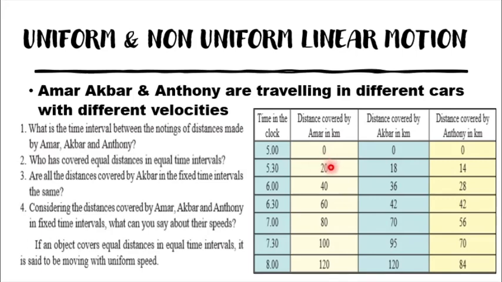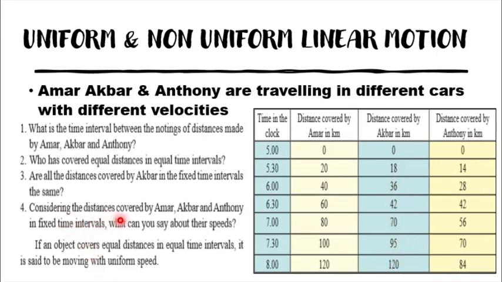Here he has covered 20 in every half an hour and he has covered 14 kilometers every half an hour. Are all the distances covered by Akbar in the fixed time interval same? Are they same, children? No. First he is covering 18, then 36 and so on. So his distances are not the same.